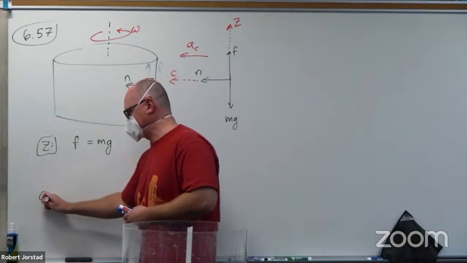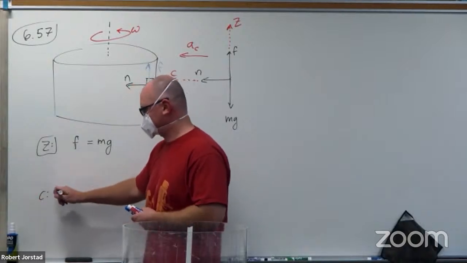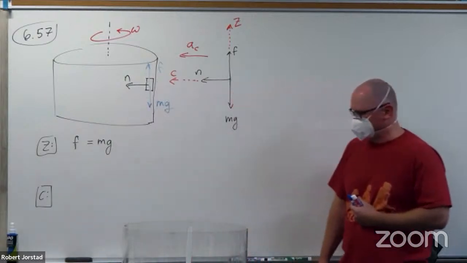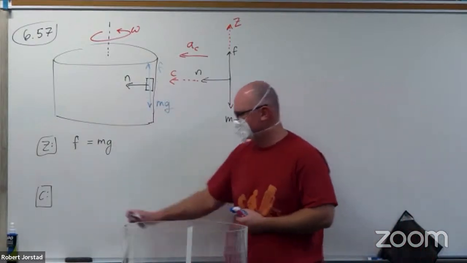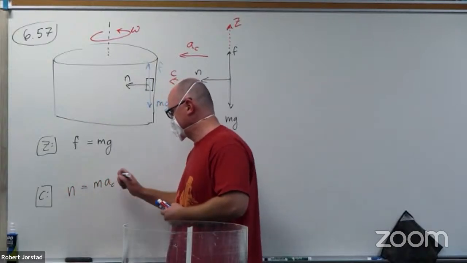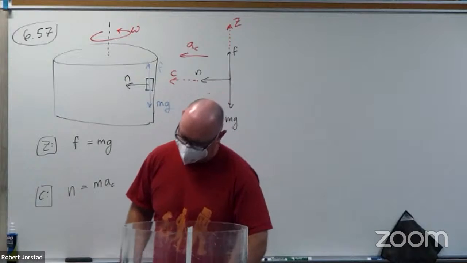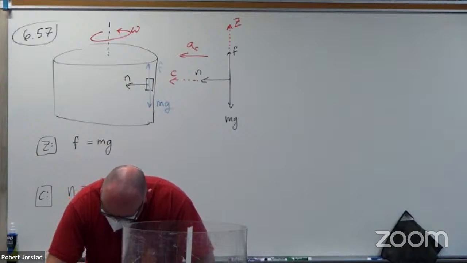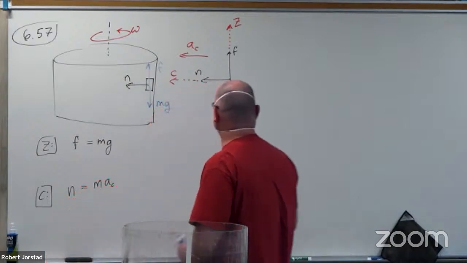I'm going to leave a little bit of space, like 2 extra lines. What's in the centripetal direction? Okay. Now let's read the question. I want the largest period that allows the block to remain suspended.